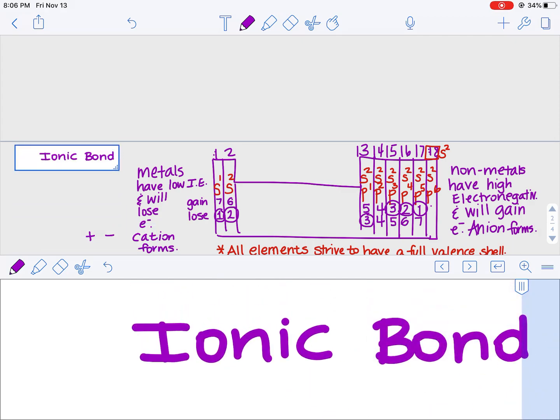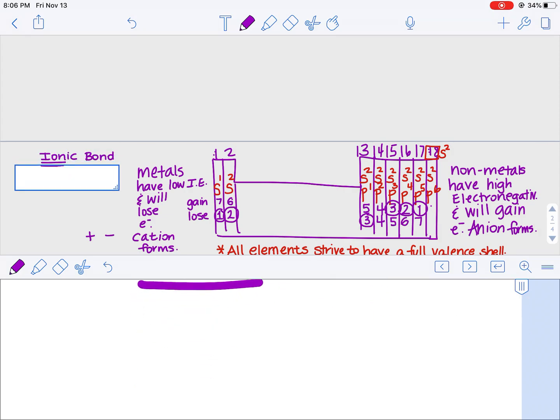And what forms is this ionic bond. The root ion is part of the description.